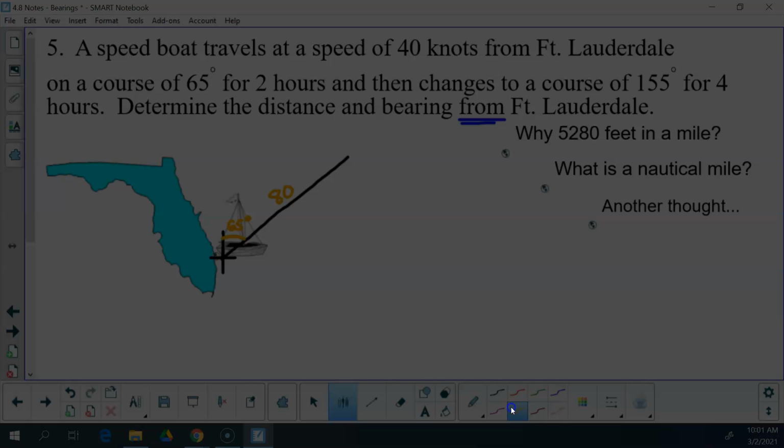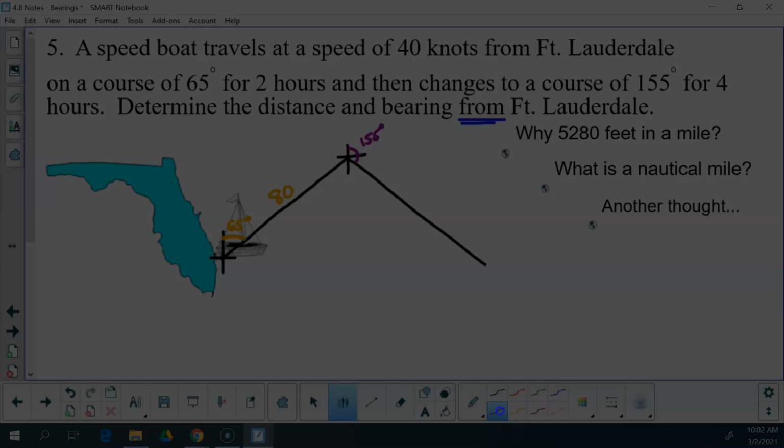Then it's got a course change. So you would reset with the crosshairs there. You would reset, and it would change to 155. Now, this angle here is 155 degrees.